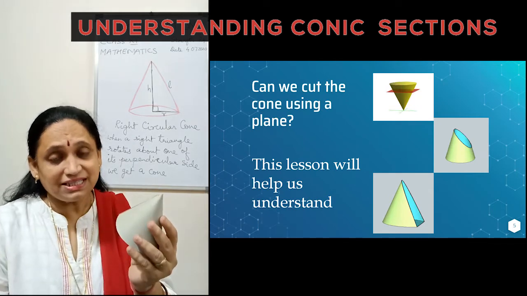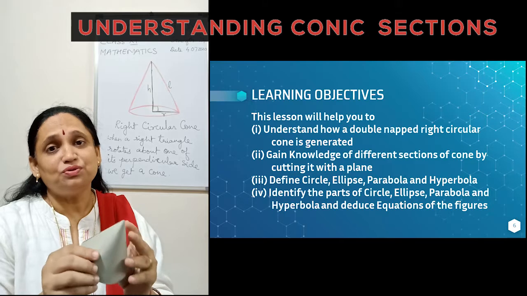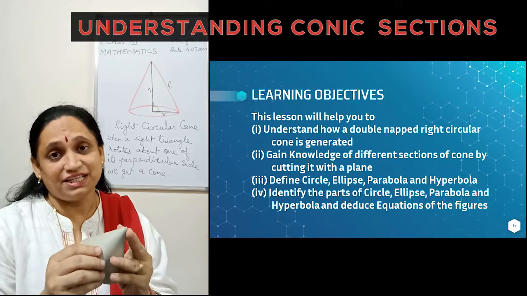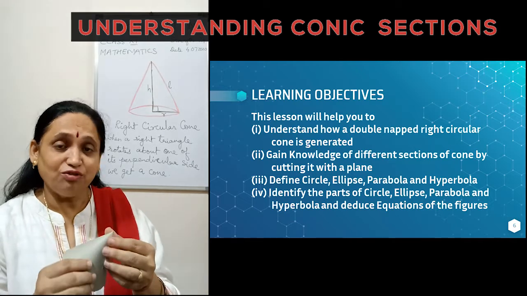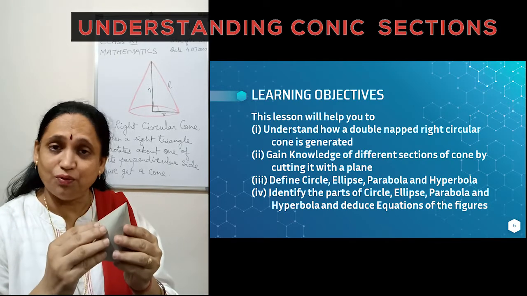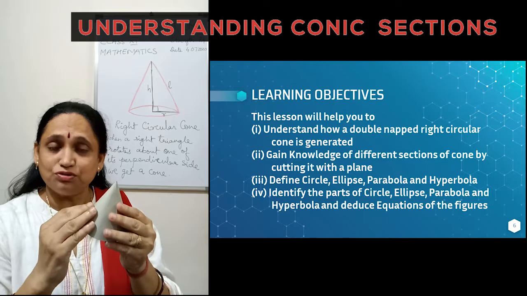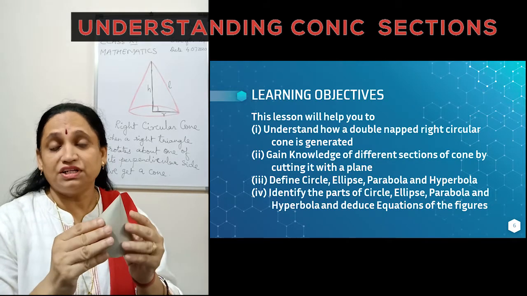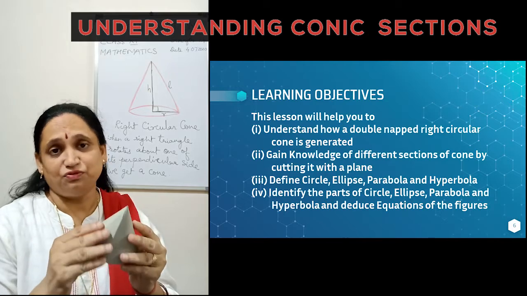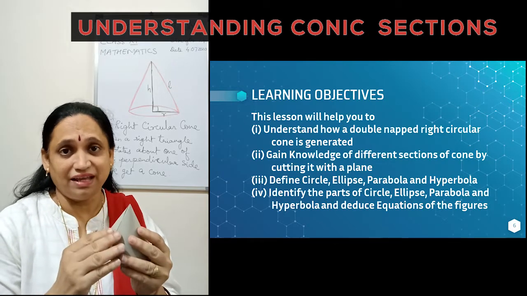Now, in this lesson, you will be able to understand what a double-napped cone is. You will be able to find out the different cross sections of the cone. What happens to the cone if we cut it using a plane? What are the different shapes that we get when we cut the cone using a plane?